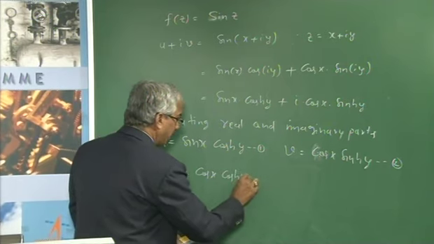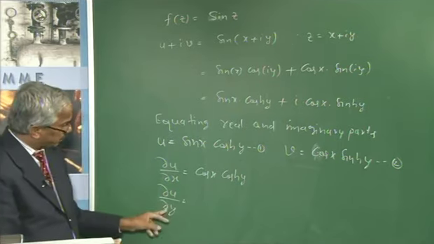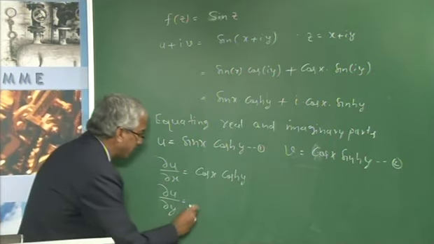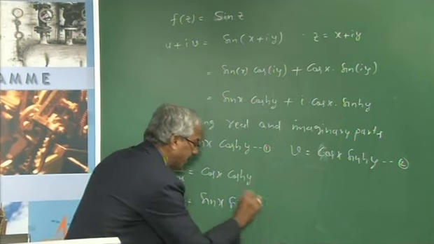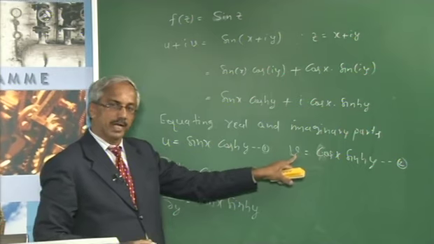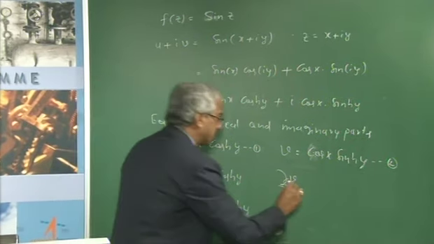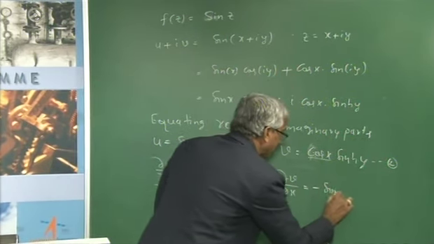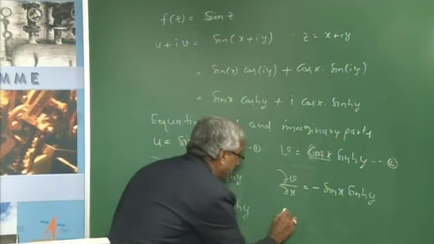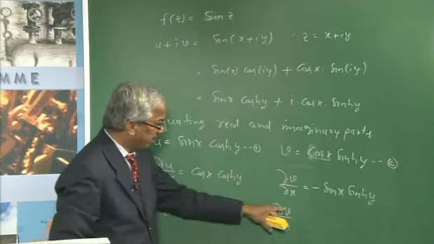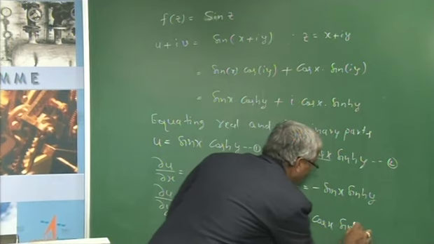The derivative of u with respect to y is sin x sinh y. The derivative of v with respect to x is minus sin x sinh y, and the derivative of v with respect to y is cos x sinh y.